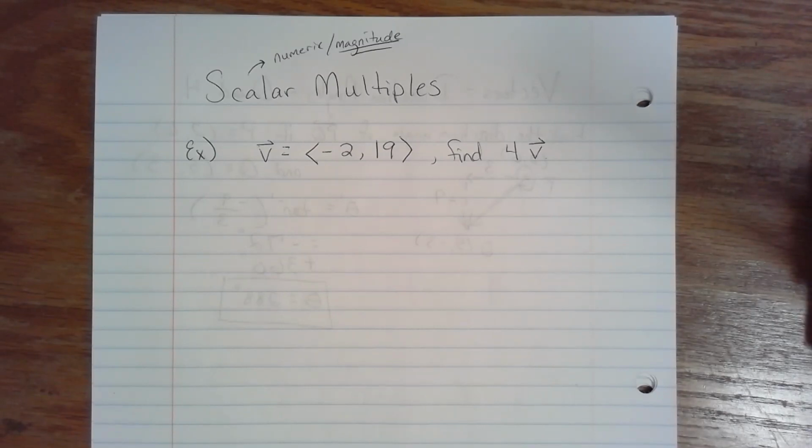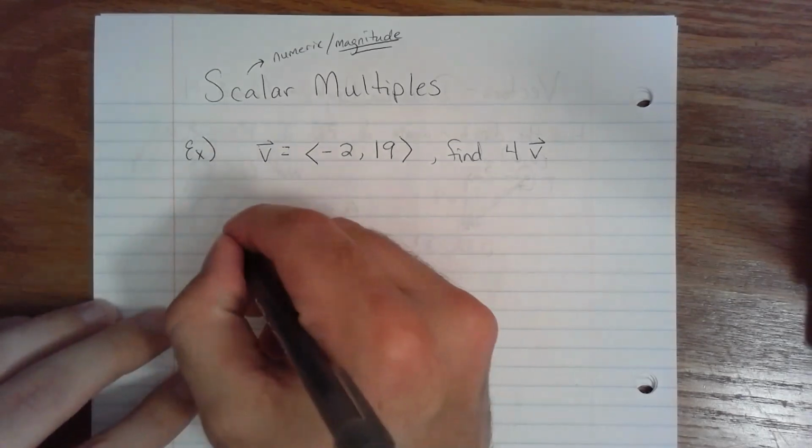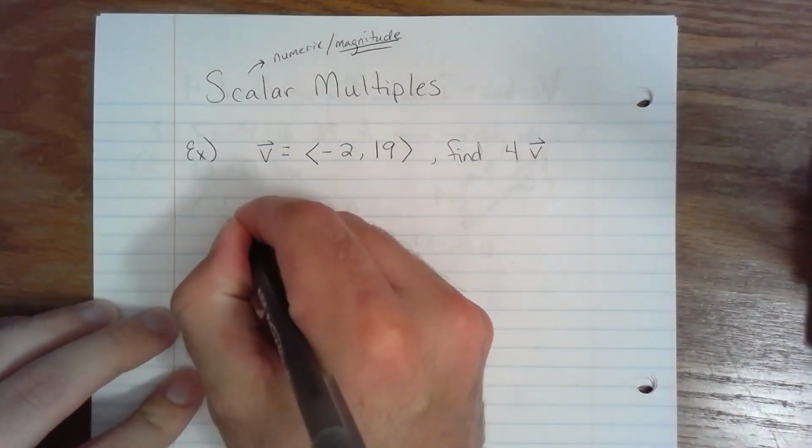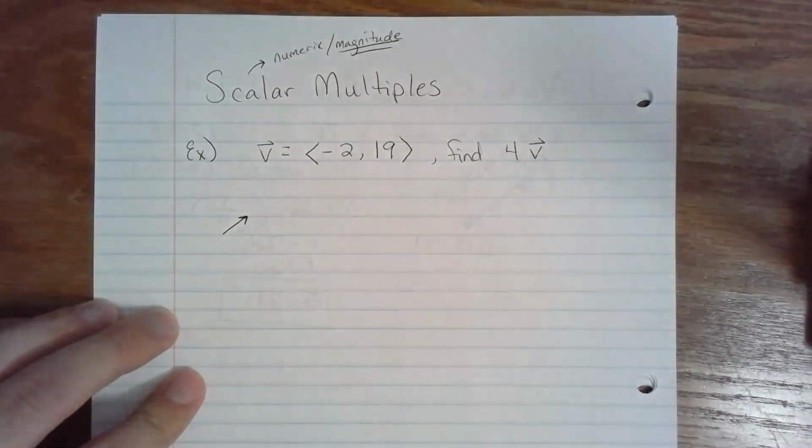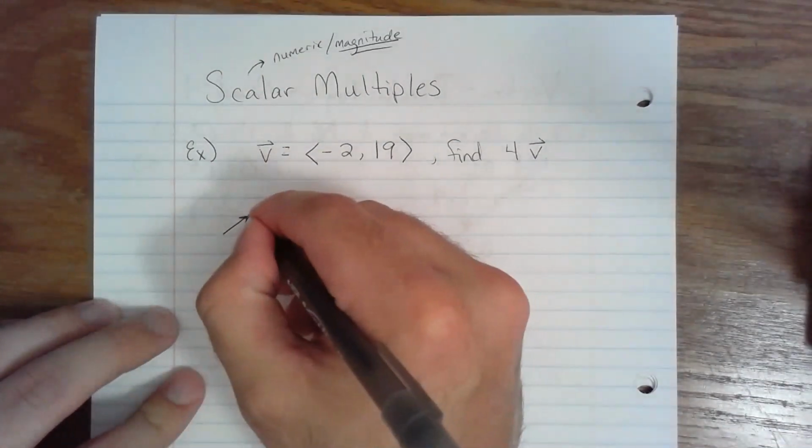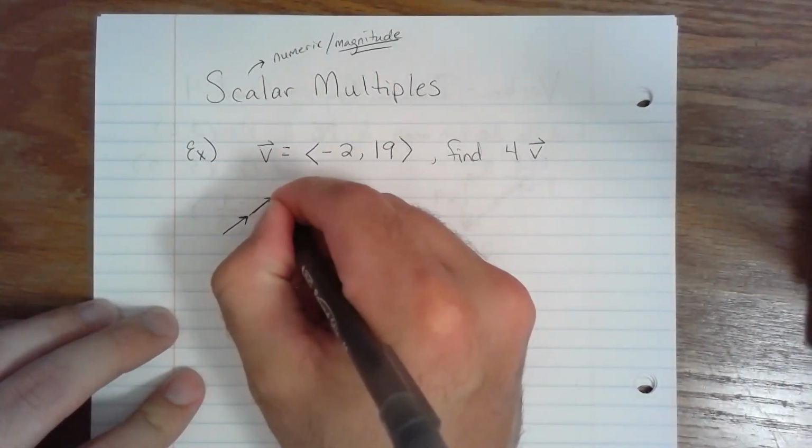And so for the example we see here, it says to find 4 times your original vector v. You're going to find that this is really similar to sort of like a distributive property or something like that. If I'm pushing on an object, let's say I'm pushing on something right here. Let's say this is how I'm pushing in the original. If I want to double that magnitude, I'm going to do that again, basically.